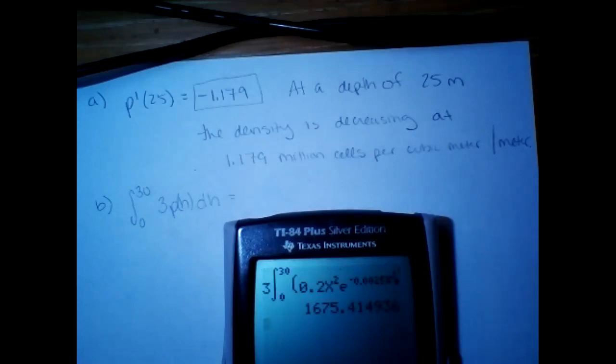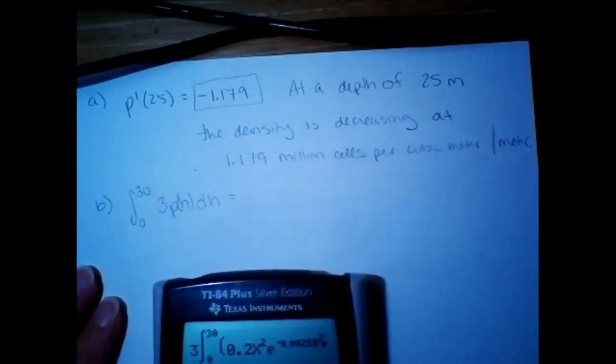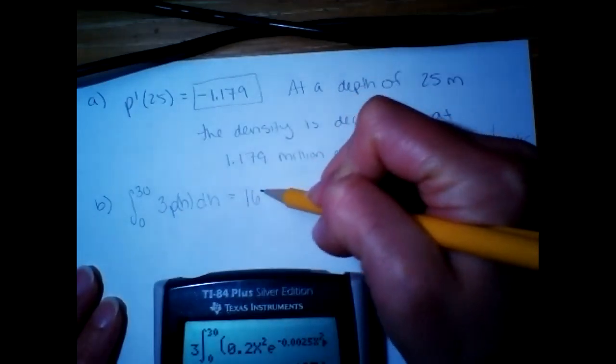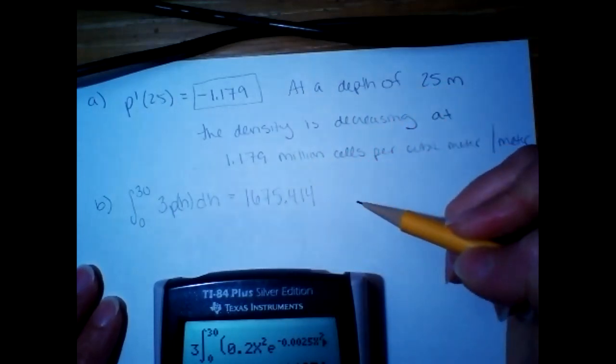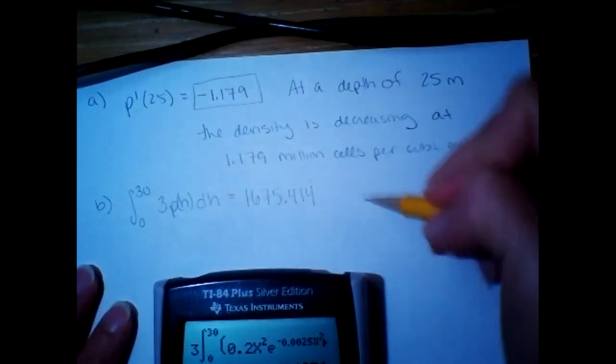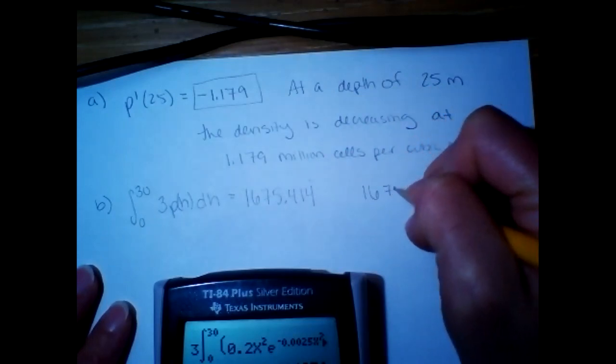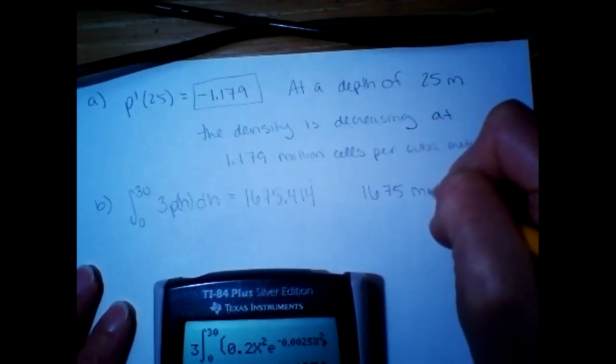And I got 1675.414. Let me see, did they say to round that to the nearest whole anything? Oh, to the nearest million. So 1675 million cells.